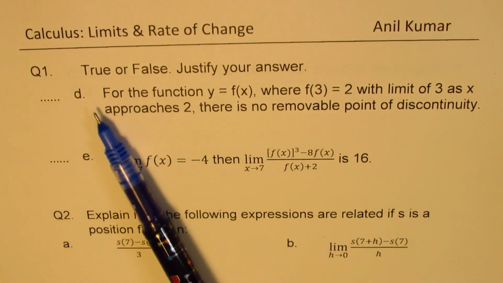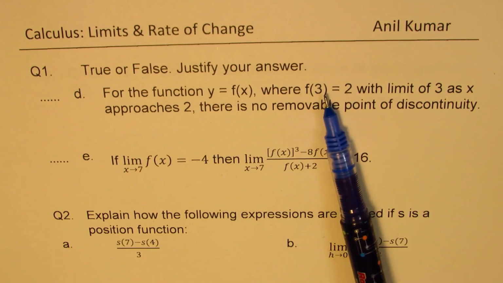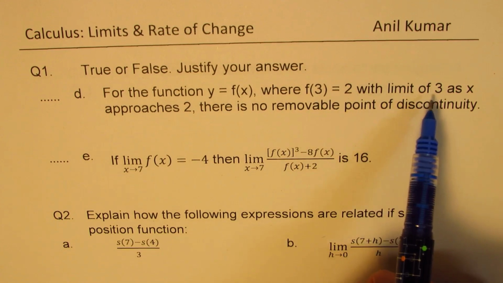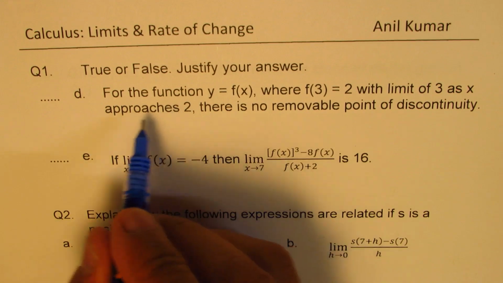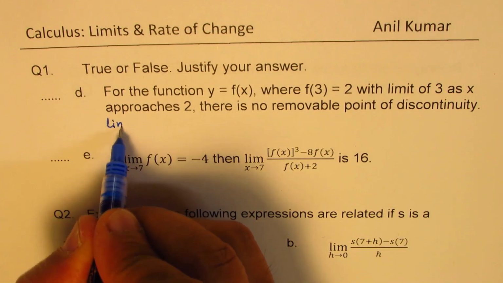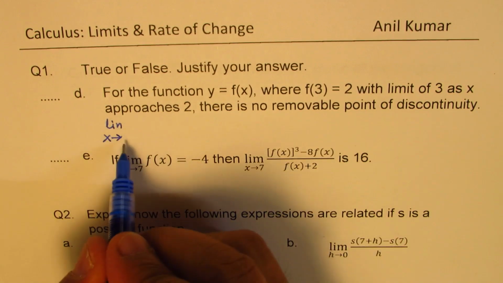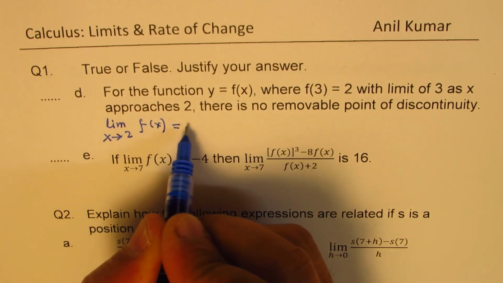D is, for the function y equals f of x, where f of 3 is 2, with limit of 3 as x approaches 2. What they're trying to say is that the limit when x approaches 2 for the given function is 3, right?